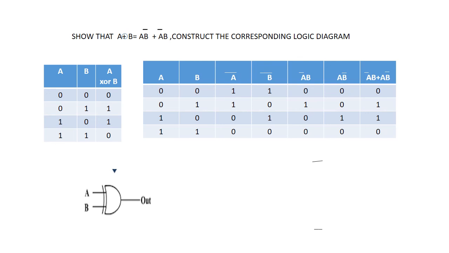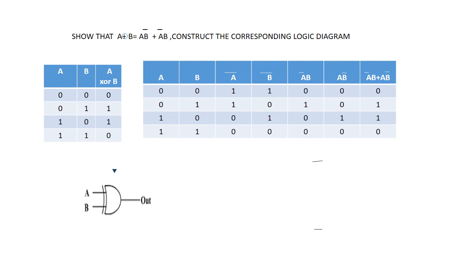You can invert A by putting a NOT operator and then give the input B and A bar into an AND gate. Similarly, perform NOT operation on B, which is B bar, and then give input to an AND gate from A and B bar.